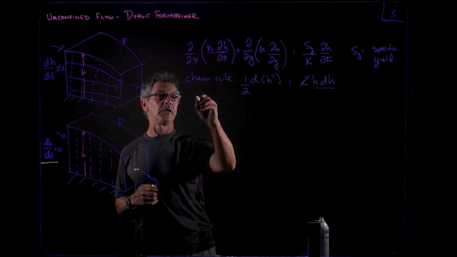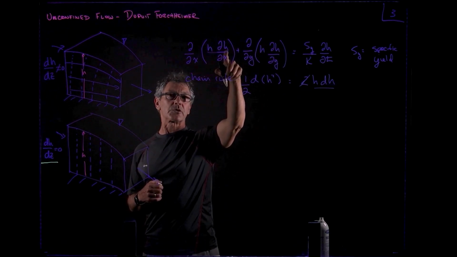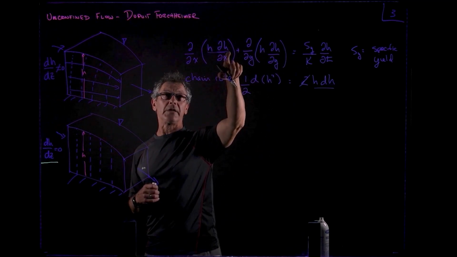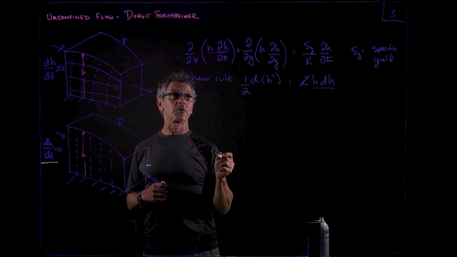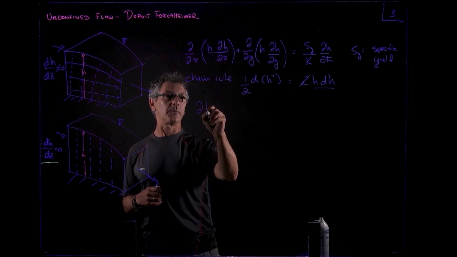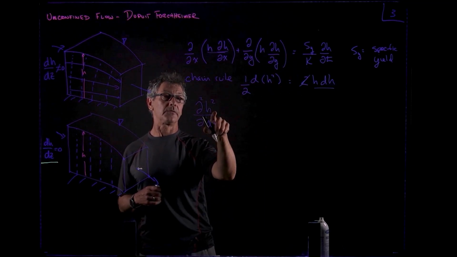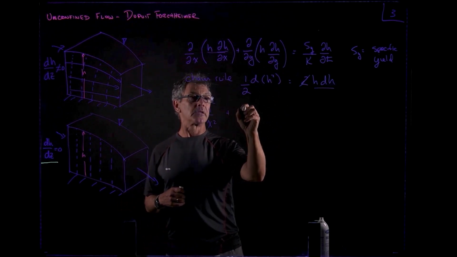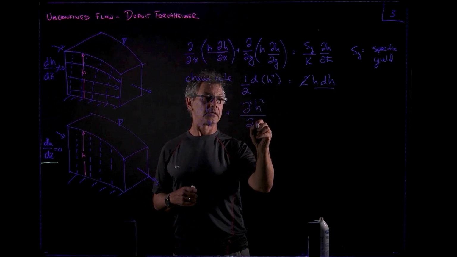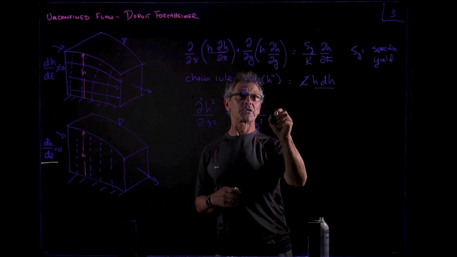So we have, and also because we're using the chain rule to basically move that h in there, we end up with a second order derivative of h squared. And so we have the second order partial of h squared with respect to x squared, plus the second order partial of h squared over the partial y squared.